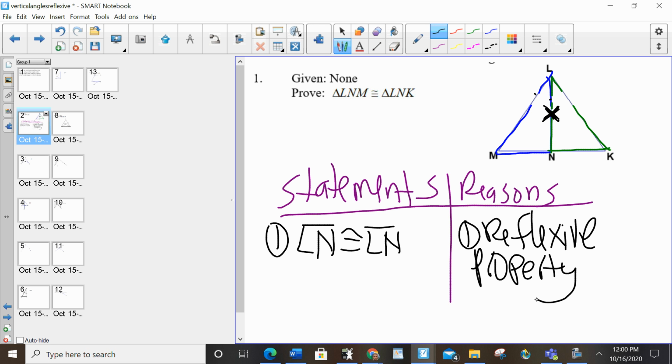So if there's no given, but there's a side or an angle that's in both triangles, I state the side or angle that's in both triangles is congruent to itself. Reason, reflexive property.